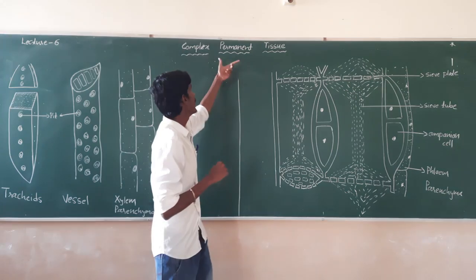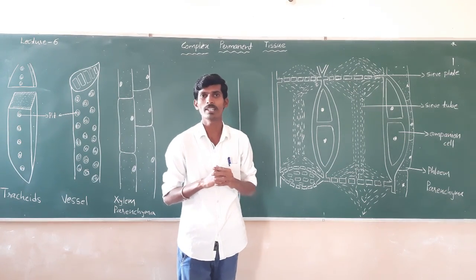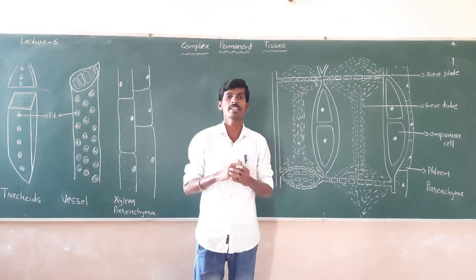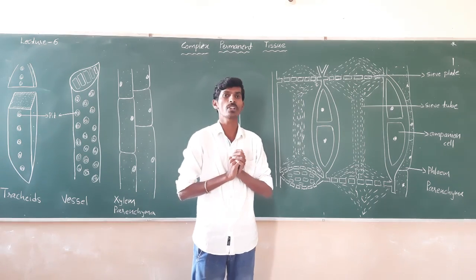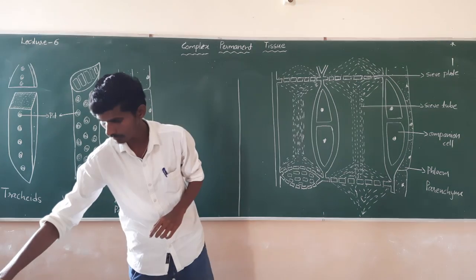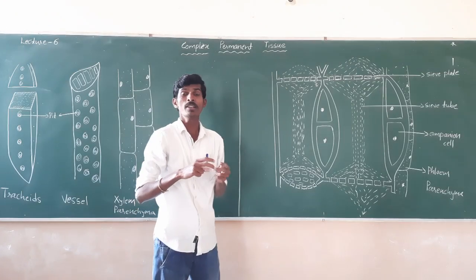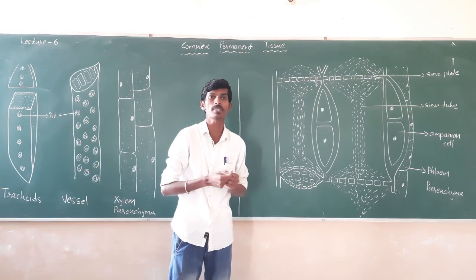What do you mean by a complex permanent tissue? A complex permanent tissue is composed of several kinds of cells performing a common function. The word complex means it is made up of many different types of cells.